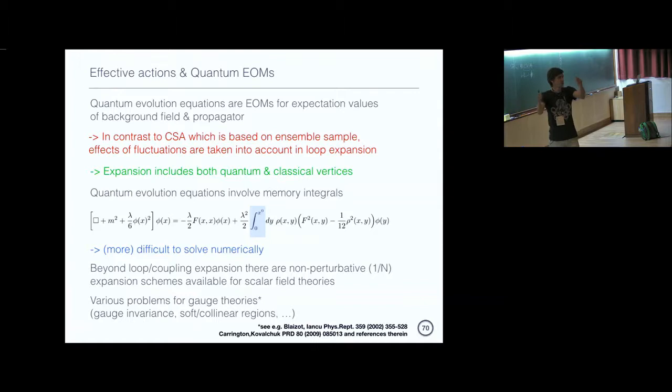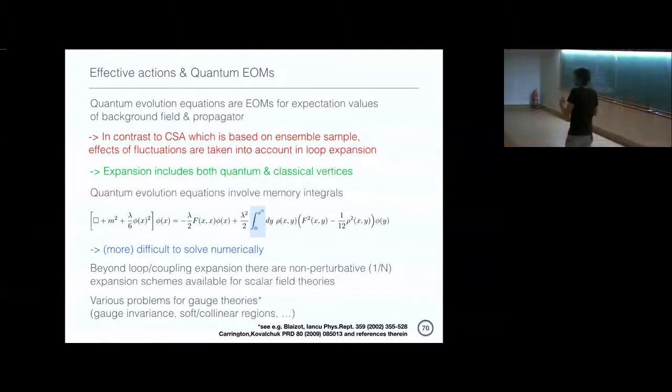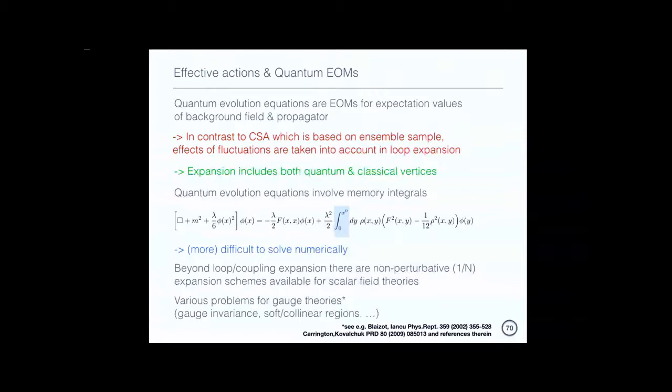You not only need to know the state of your system at the current time, but you also need to know its history to a certain extent, right? Because that's what determines the properties of non-Gaussian correlations at this stage.